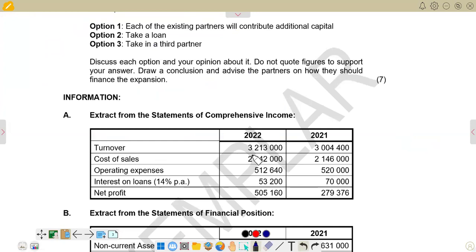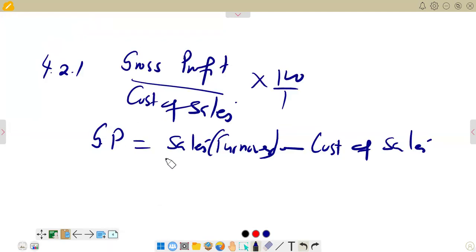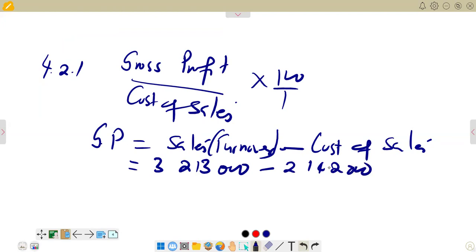Our turnover is 3,218,000, then we subtract 2,142,000. So this is your gross profit.